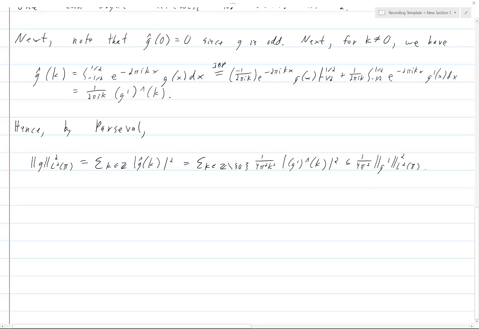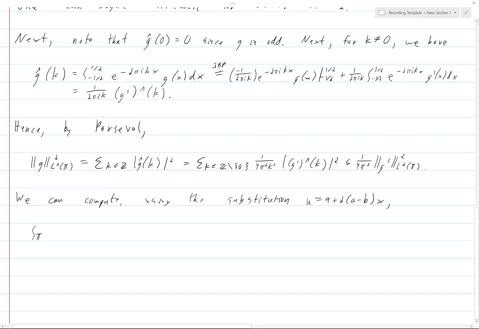Let's compute using the substitution u equals a plus (2a minus b)x, and I'll let you figure out what dμ is.